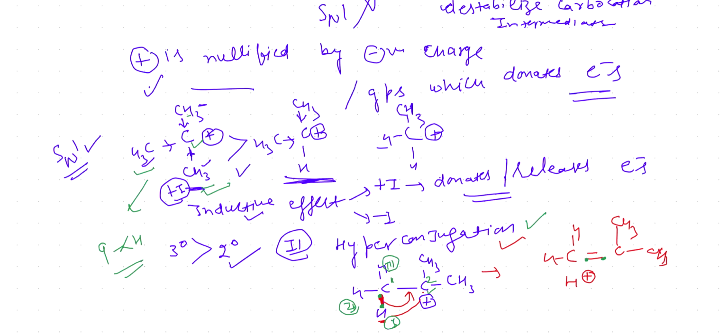Similarly, the other methyl groups can also participate, so it forms 9 hyperconjugative structures because it has 9 alpha hydrogens. But in the case of secondary carbocation, there are only 6 hydrogens, so it forms 6 hyperconjugative structures. That's why tertiary is more stable than secondary. If we compare the rate of reaction, the product forms more easily and more effectively from the tertiary carbocation.